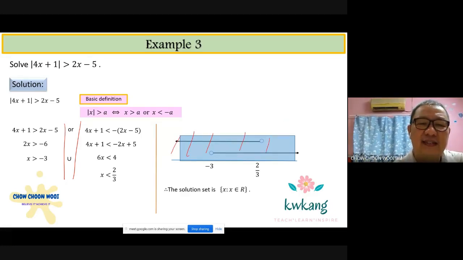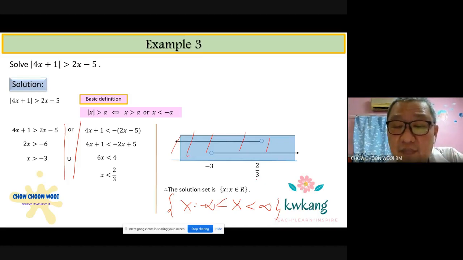So the answer is supposed to be x is an element of the real numbers. Or if you are not sure, you can write x in between negative infinity and infinity. That is also fine. If they don't request, you write in interval form: negative infinity to infinity. All of these are correct answers.